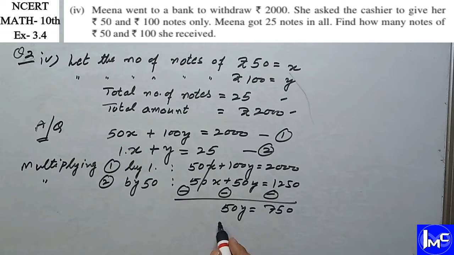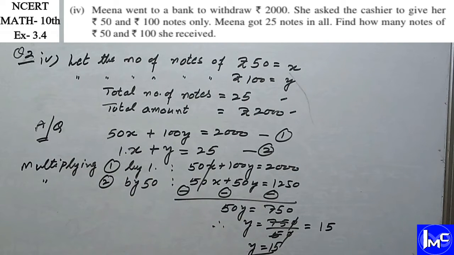And so by solving, y is equal to 750 over 50, and it will be 5 ones are 5, 5 fives are 25, and y will be 15.